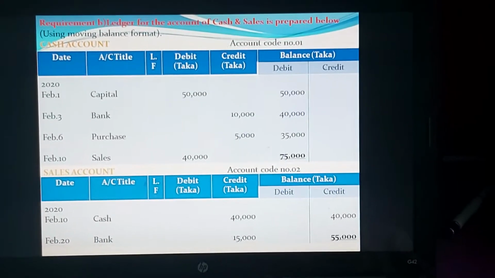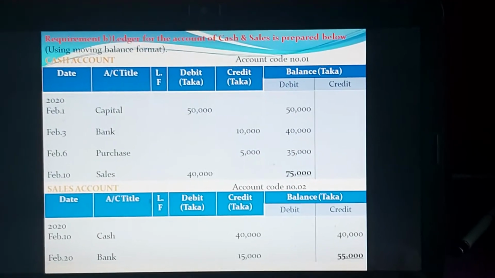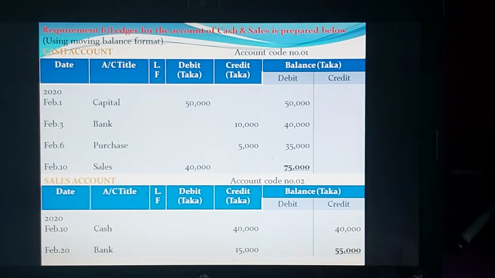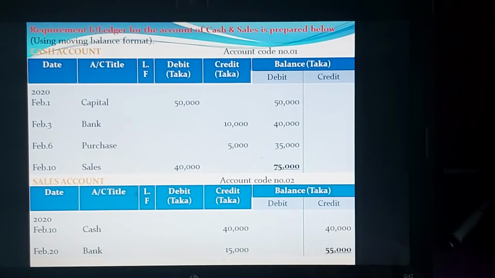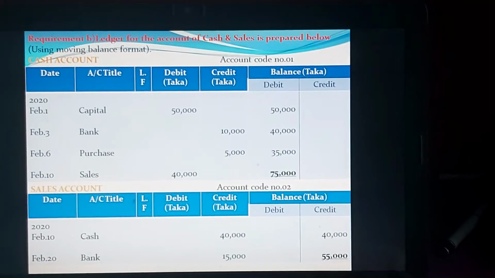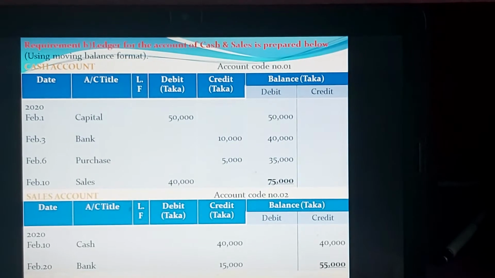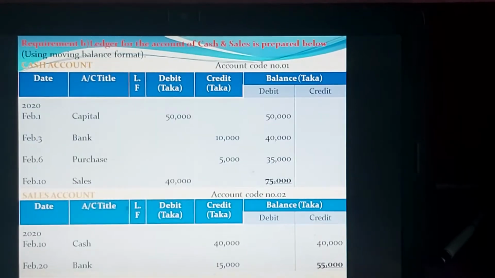In the sales account you have to write in account title cash account, sales credit taka 40,000. That is the posted amount of 40,000 in credit. Before February 10, no balance is available in the sales account. So credit column posting, at this moment the balance is credit taka 40,000.